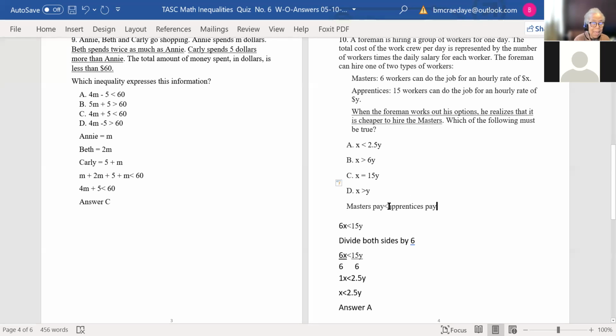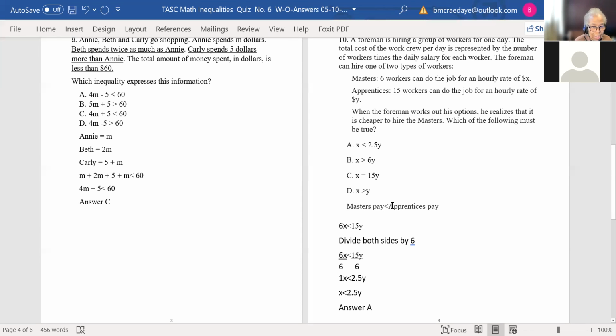See, so what he just said, you could just write it in words, right? What he pays the masters is less than what he'd have to pay the apprentices. Then you could just translate it to what we have here. They gave us the masters, 6 workers at x dollars for the hourly rate, and the apprentices, 15 workers at y dollars for the hourly rate.